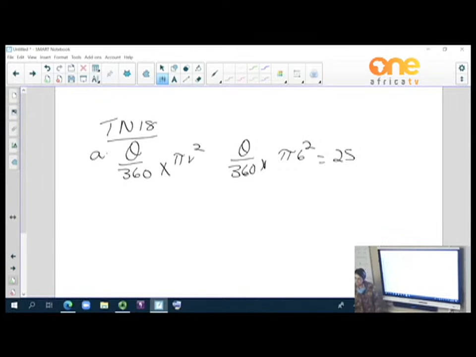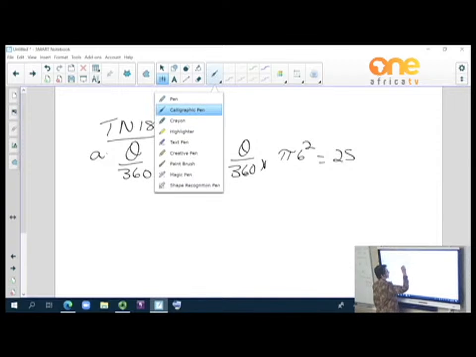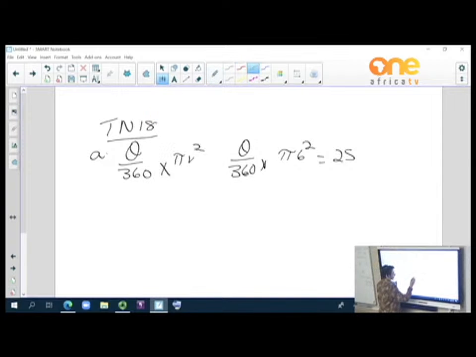I'm explaining the next step because there's still people who struggle here with what to do now. So theta is equal to 25. Opposite operations. Here you divide, there you times. Here you times, so now you divide. Don't forget about 6 squared.